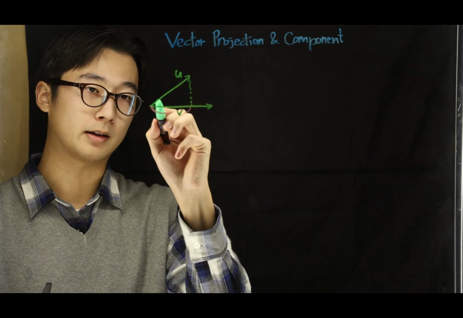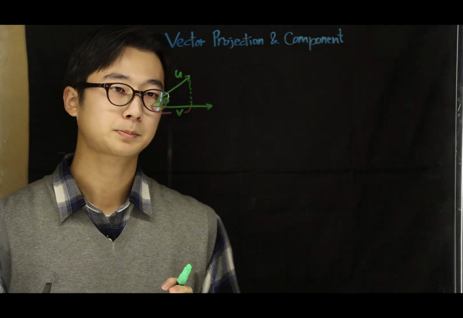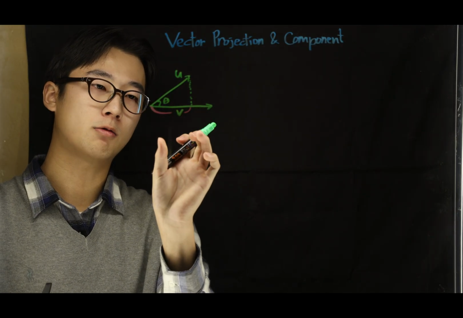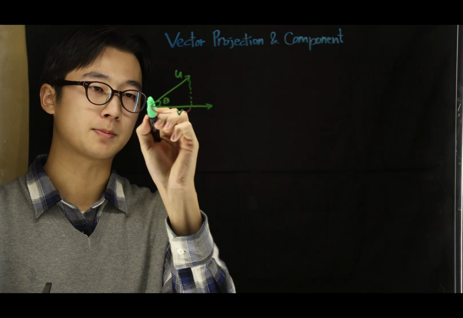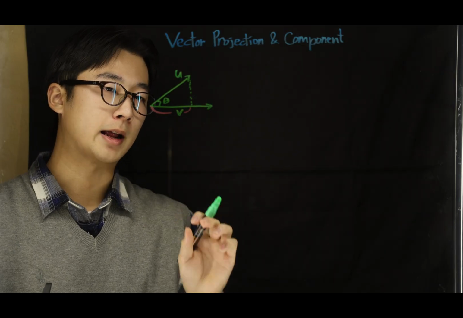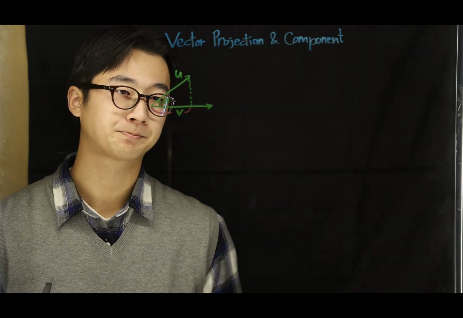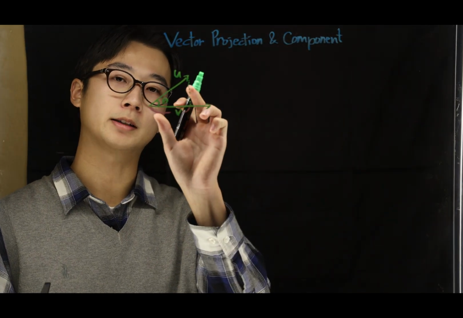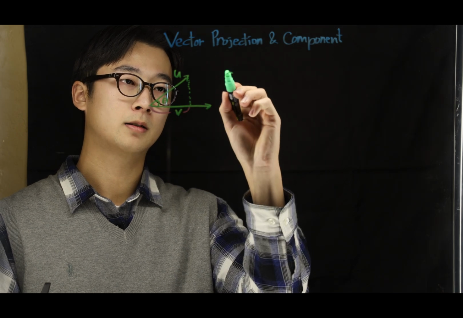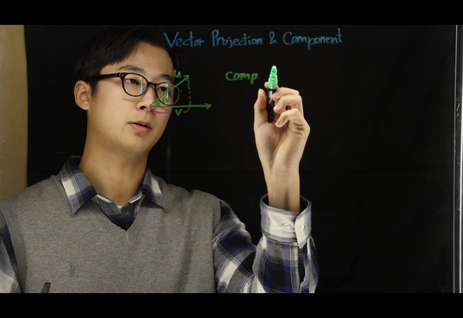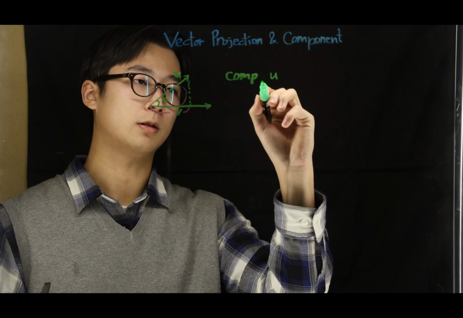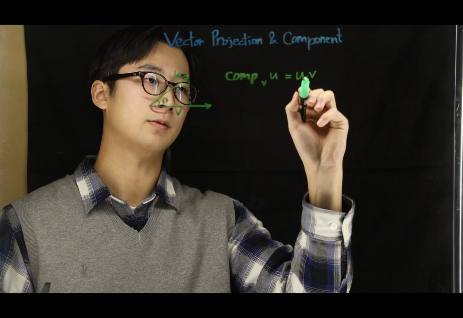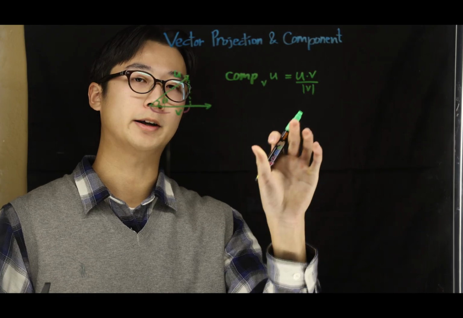So there's angle theta. We only want to know the length, and also the direction, of this part. I put it in a pink colored pen. By the definition, the component of u onto v is equal to u·v over the magnitude of v.